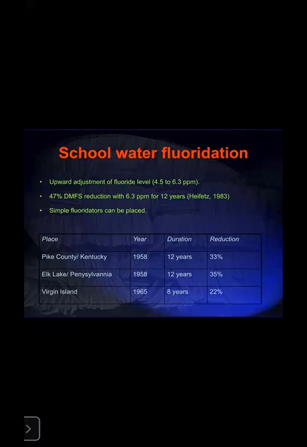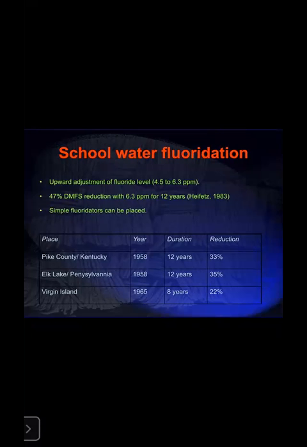Okay. Now, in this, you have to see that the fluoride we are adding is 4 times what we are adding in community water fluoridation. The reason is the individual will stay in school for only 6 to 7 hours, which is almost 1/3 of the day. In that also he will get only half an hour of break.